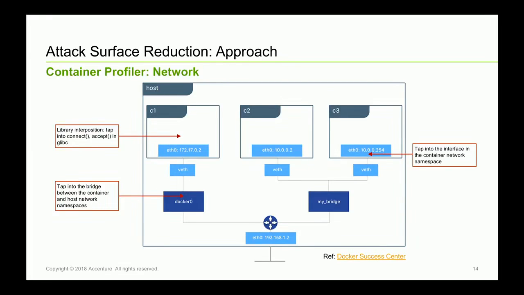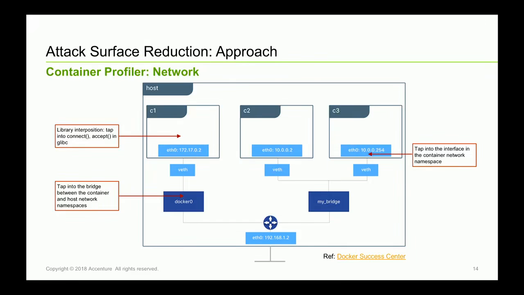And in terms of the networking activities, there are also multiple options that we can tap into. We can monitor the networking activity of a specific container. On the top left-hand side, we can again use library interposition. We can tap into the function, like glibc library in the container itself.